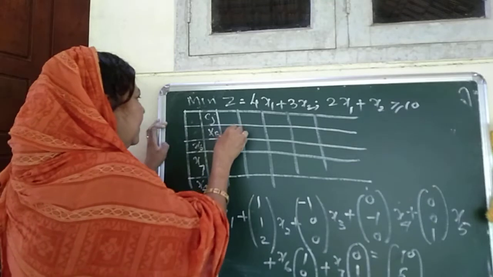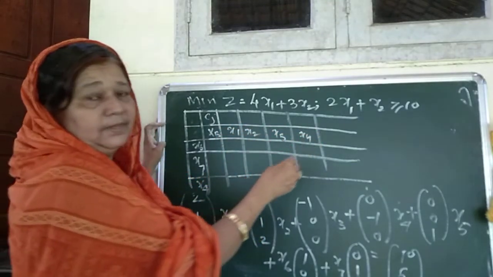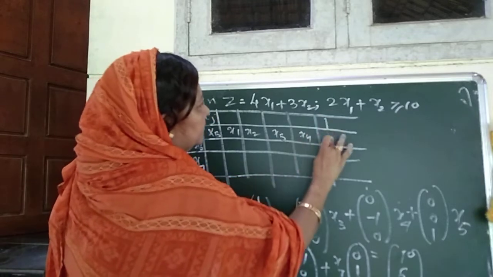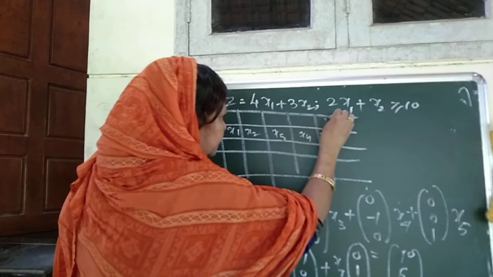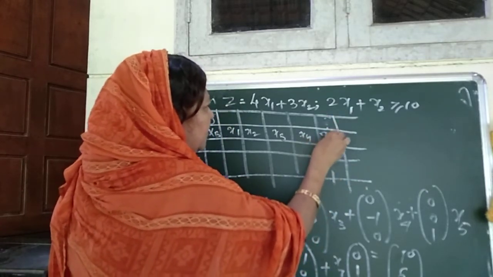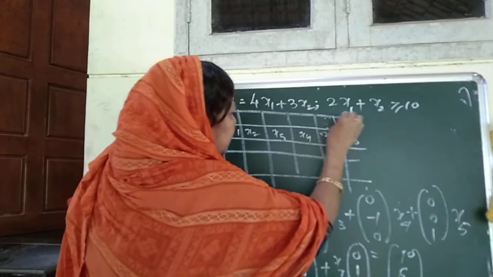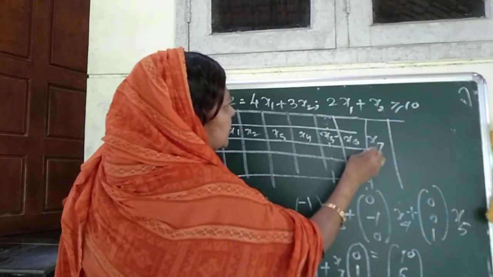Then x1, x2, x3, x4, x5, x6, x7 and the constant.